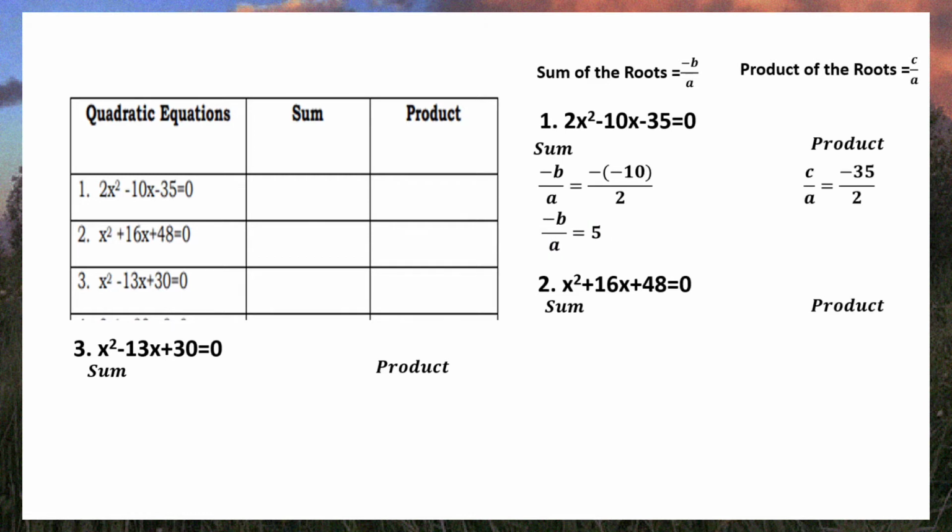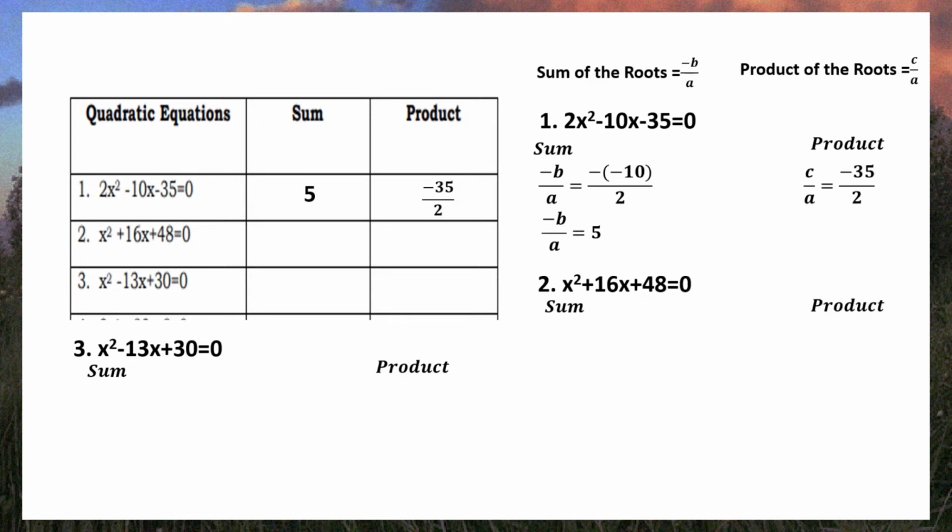And the product should be, ang c natin is negative 35, ang a natin ay 2. And negative 35 over 2 is an improper fraction, and we can change this into a mixed number, pero wag na natin siyang gawin. So as is na siya na negative 35 over 2. So for number 1, ang sum natin ay 5. Ang product natin is negative 35 over 2.